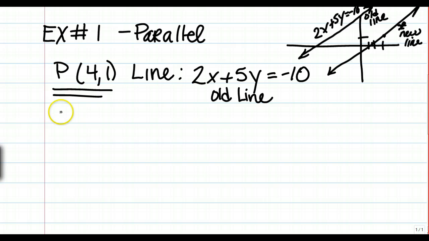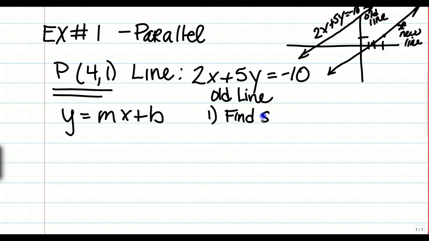you are going to want to use y equals mx plus b. And you're going to look at your line and go, okay, what's that line's slope? So step number 1, find slope of line. And it's talking about the old line.